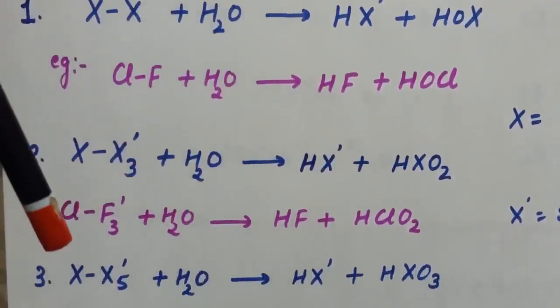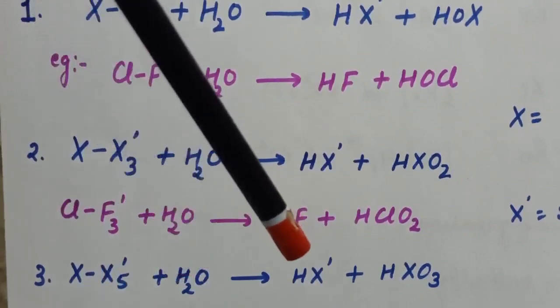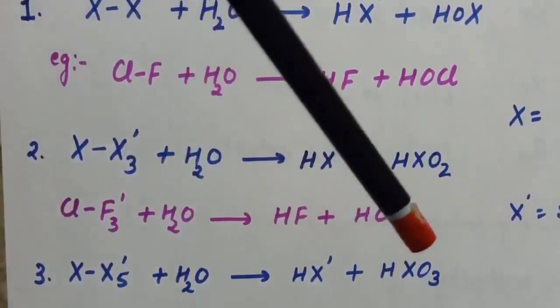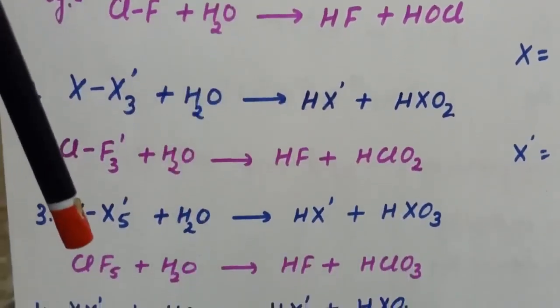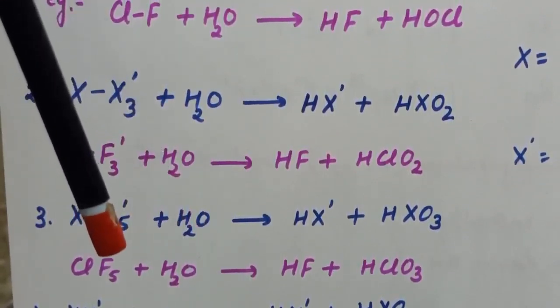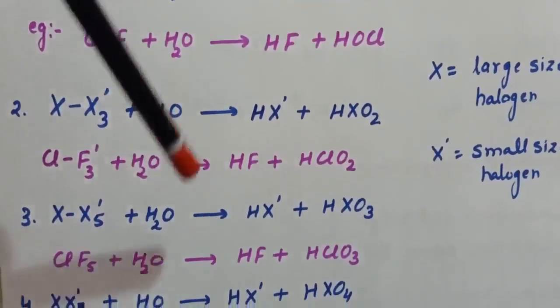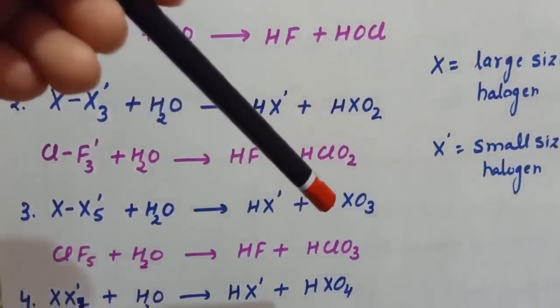Now the third type is if we treat XX'5 with water. So again here we are getting HX dash plus HXO3, and the example is ClF5 plus H2O. So here F is the small size halogen, so the product is HF plus HClO3.